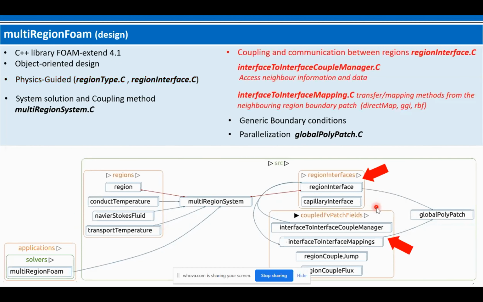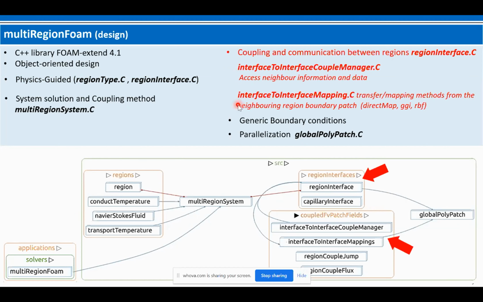The next point is that the coupling and communication between regions is administered by the region interface class, with a helper class called interface to interface couple manager. That class gives you access to the information of the neighbor region without thinking about what the name of the neighbor mesh is or what the name of the neighbor patch is. All of that is just accessed via this couple manager.